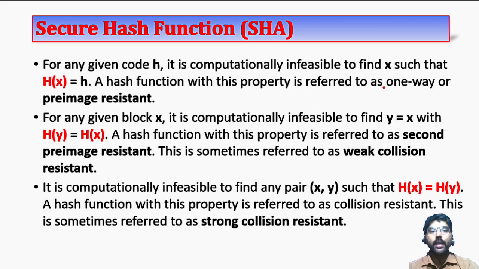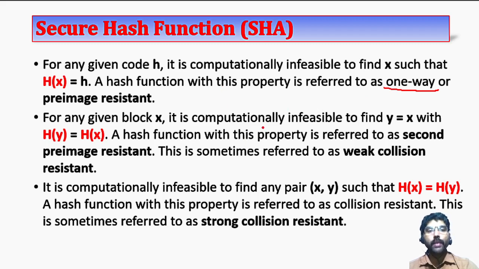Here, this is called as one way or pre-image resistant. The fourth property, that is pre-image resistant, is called as one-way property. That means if message is given, it is easy to generate a code, but by using code we cannot generate message. The reverse process is not possible.